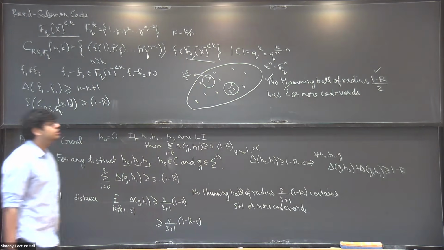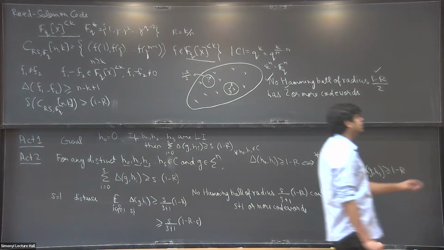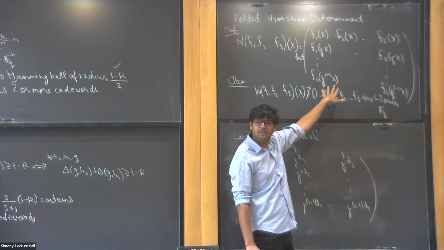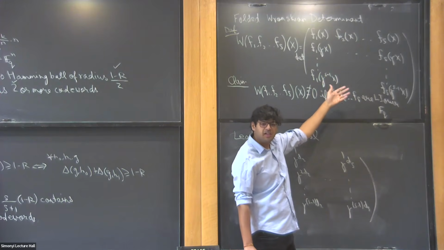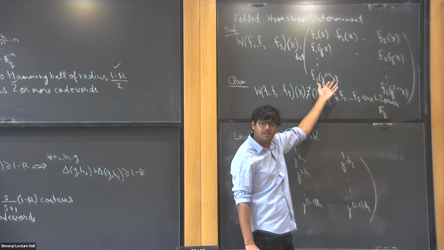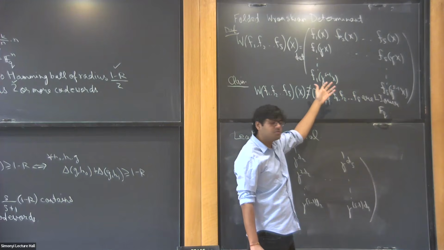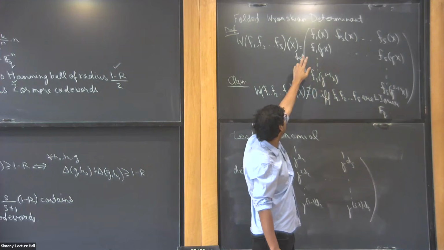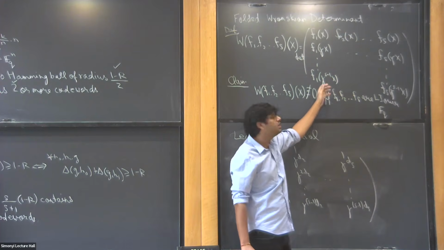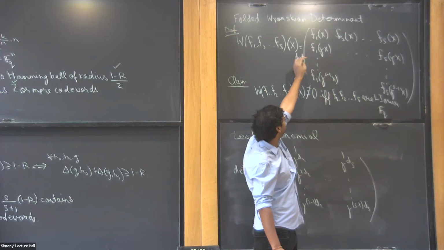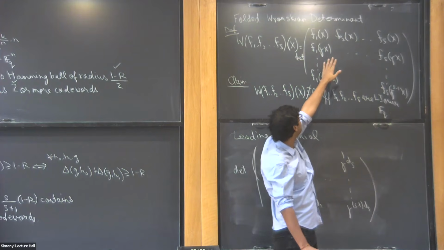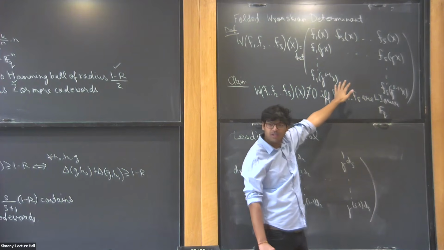If there were two columns here that both agreed with the same G, on all of the values here, then I would be able to get a root for the Wronskian. So I'm just doing some wishful thinking here, that if there were two columns, say F1 and F2, both agreed with G at x equals 1, at x equals gamma, that is F1 of gamma, F1 of gamma square, and then same with F2: F2 of 1, F2 of gamma, F2 of gamma square.